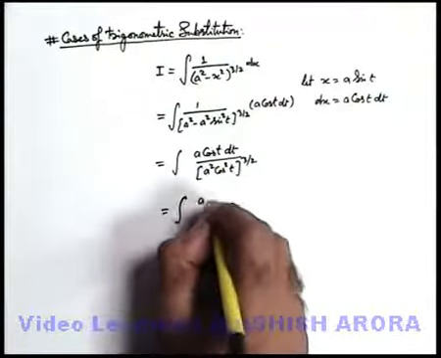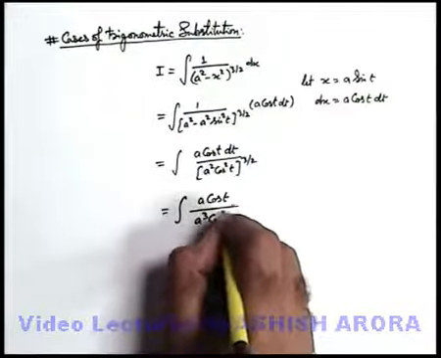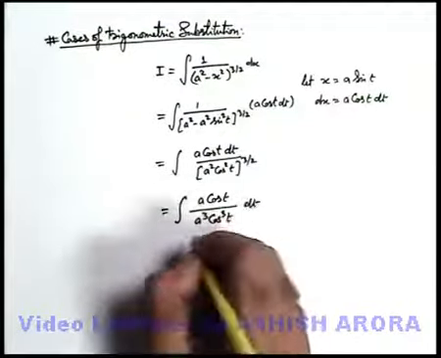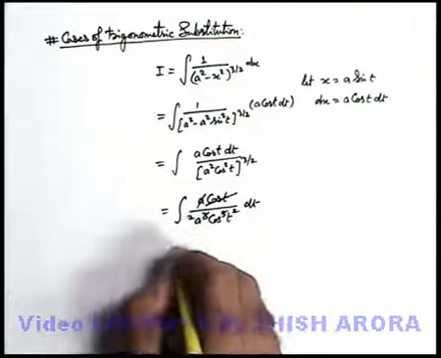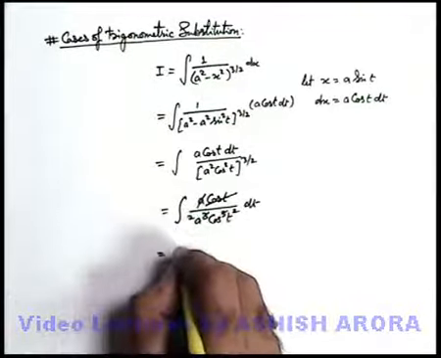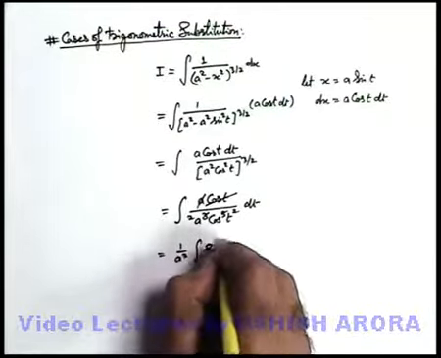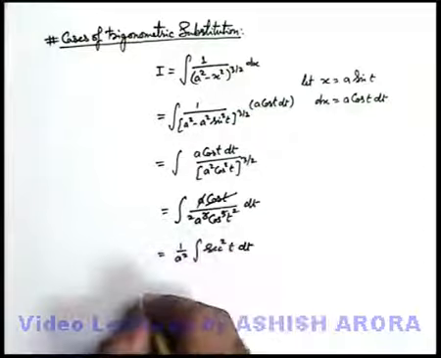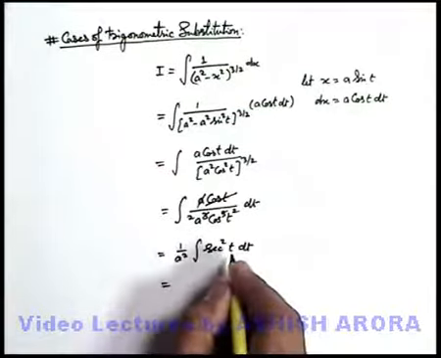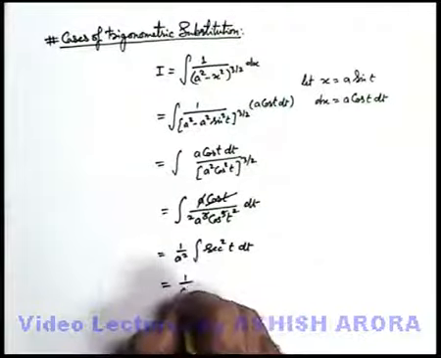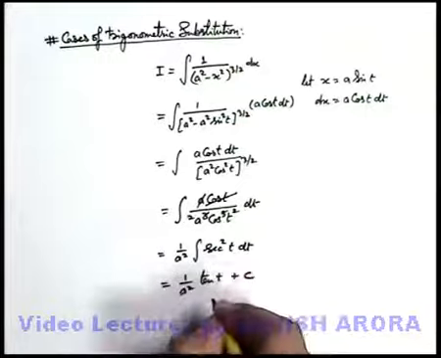So this will be integration of a cos t upon a cube cos cube t into dt. At this a will cancel, cos t will cancel. This will be 1 by a square integration of sec square t dt. So now sec square t is in the form of direct integration. Here we can directly write the result as 1 by a square into tan t plus c.